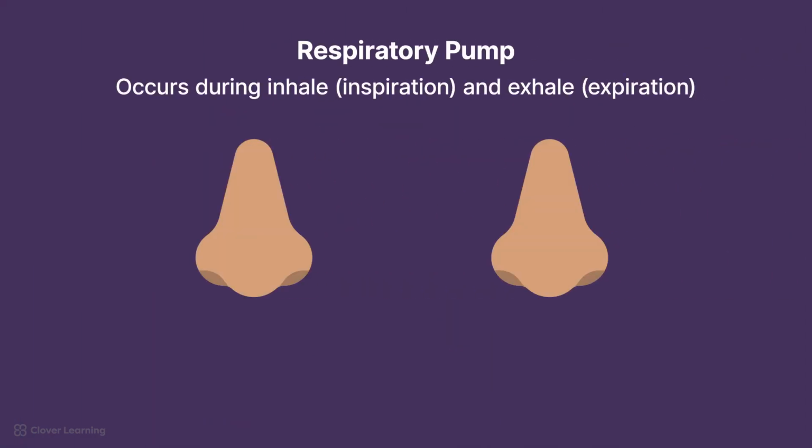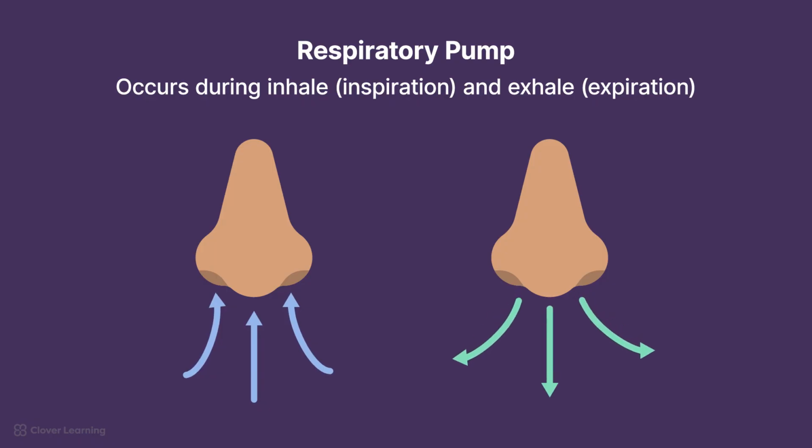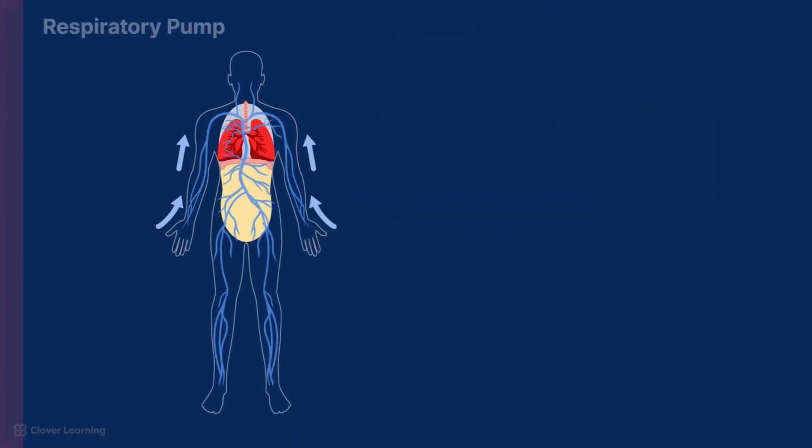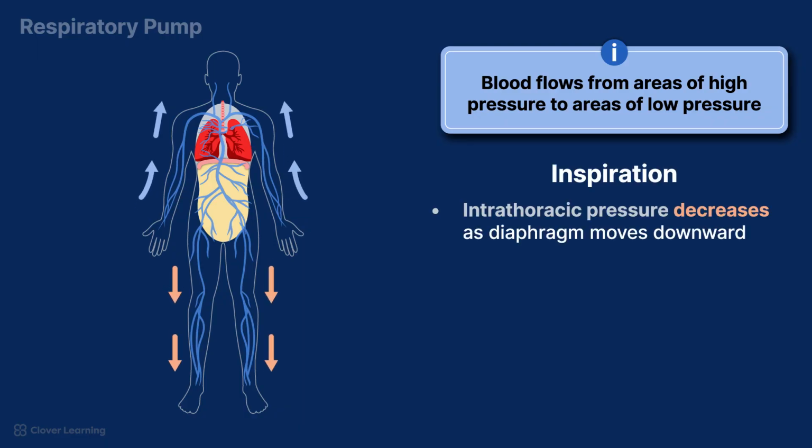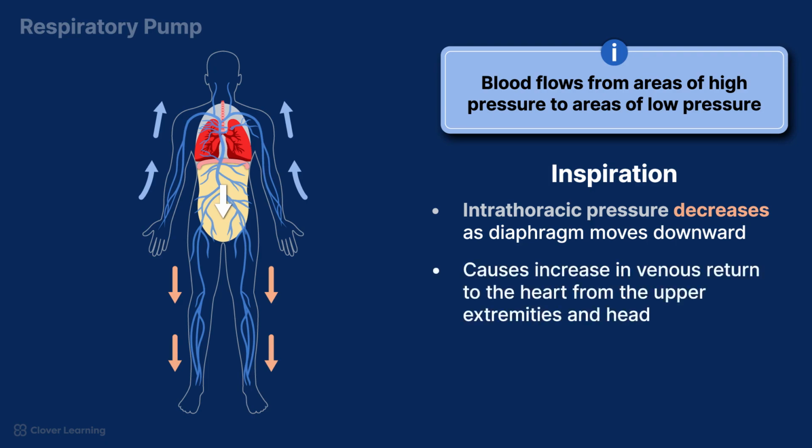The respiratory pump occurs during both our inhale and exhale, or inspiration and expiration. Remember, blood flows from areas of high pressure to areas of low pressure. Upon inspiration, intrathoracic pressure, the pressure within the thoracic cavity, decreases as the diaphragm moves downward, which causes an increase in venous return to the heart from the upper extremities and head.